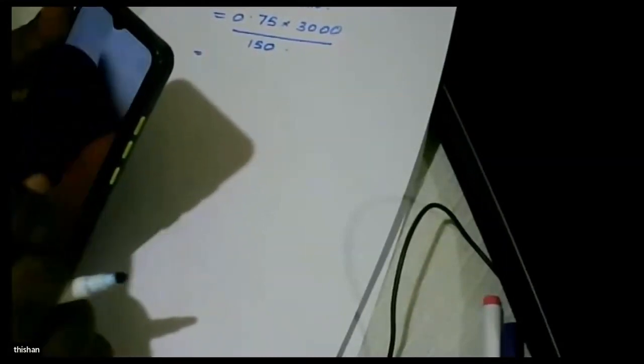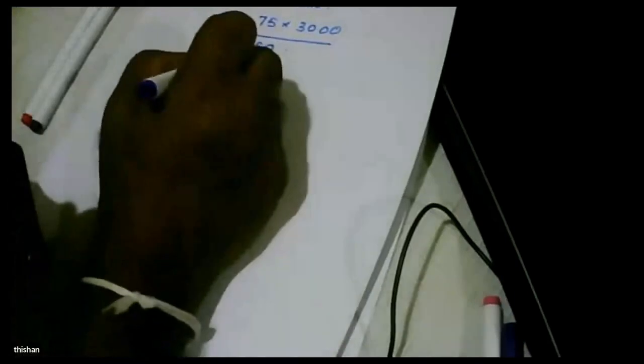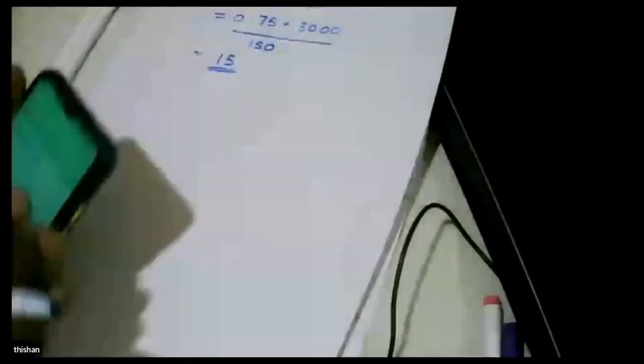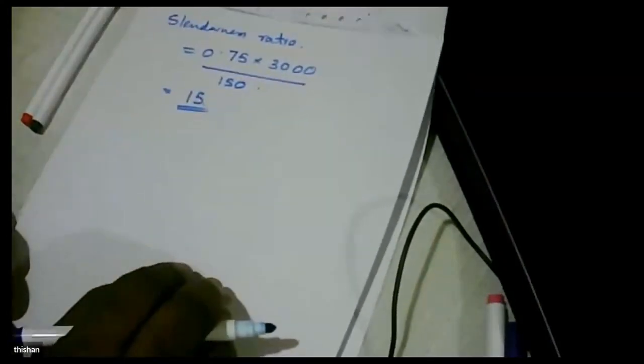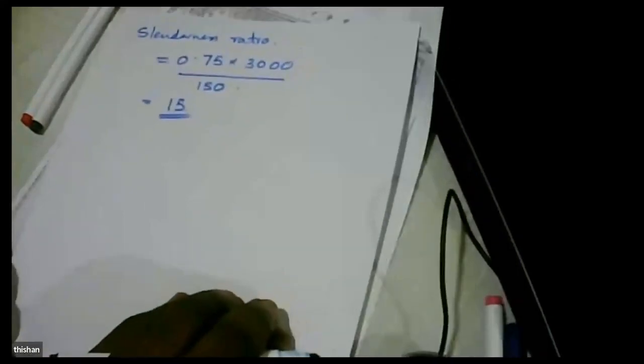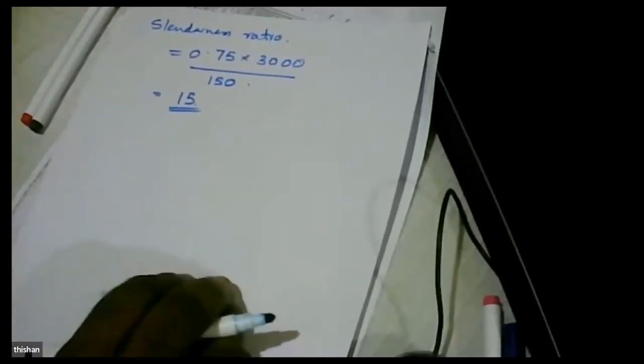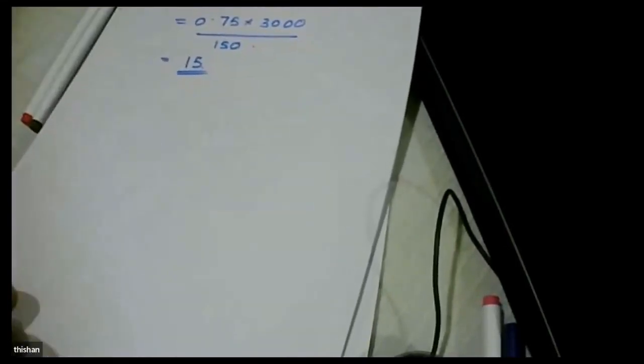So 0.75 times 3000 divided by 150 comes to 15. So the slenderness ratio is 15.